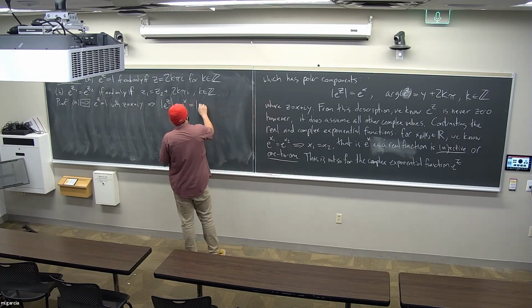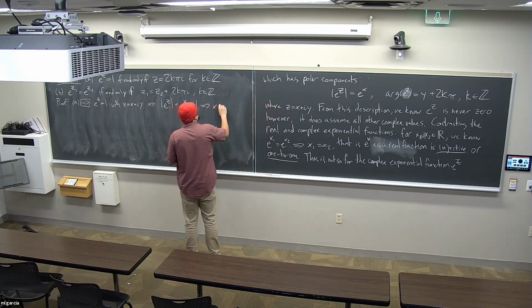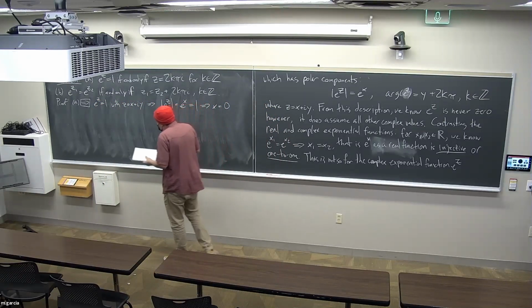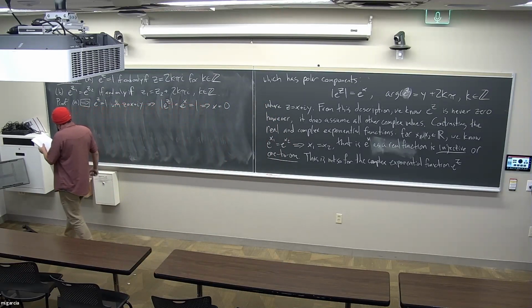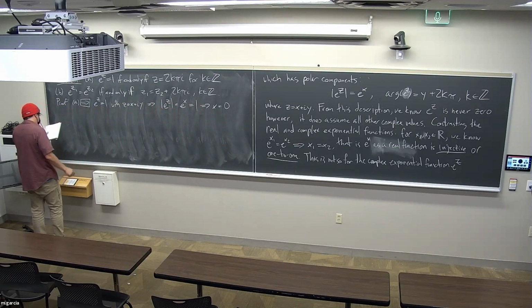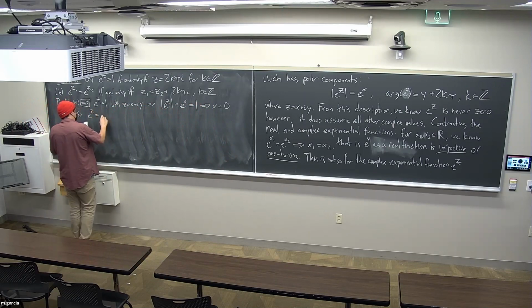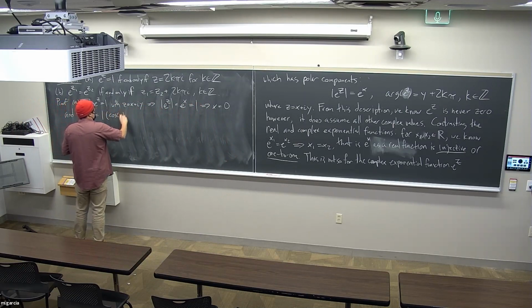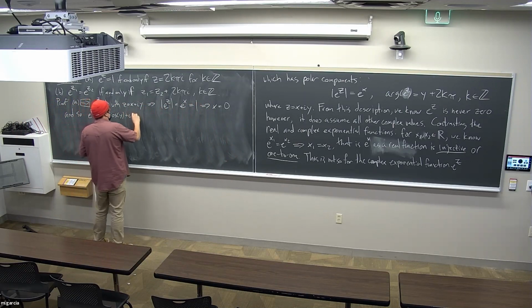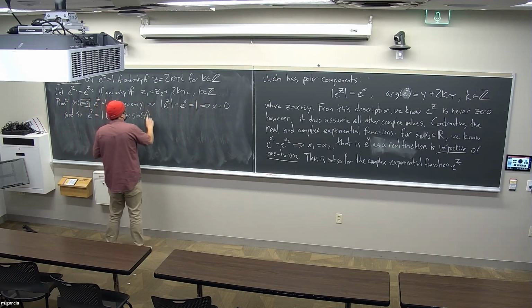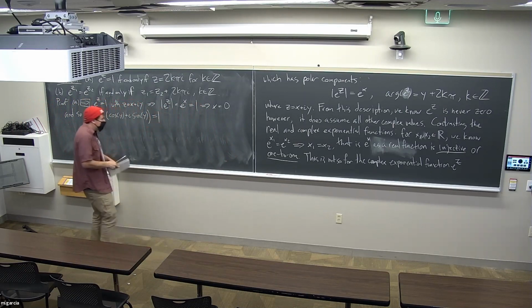So this implies that x must be equal to 0. And so, in polar form, we have e to the z is just equal to 1 times cosine of y plus i sine of y, which is equal to 1, right?